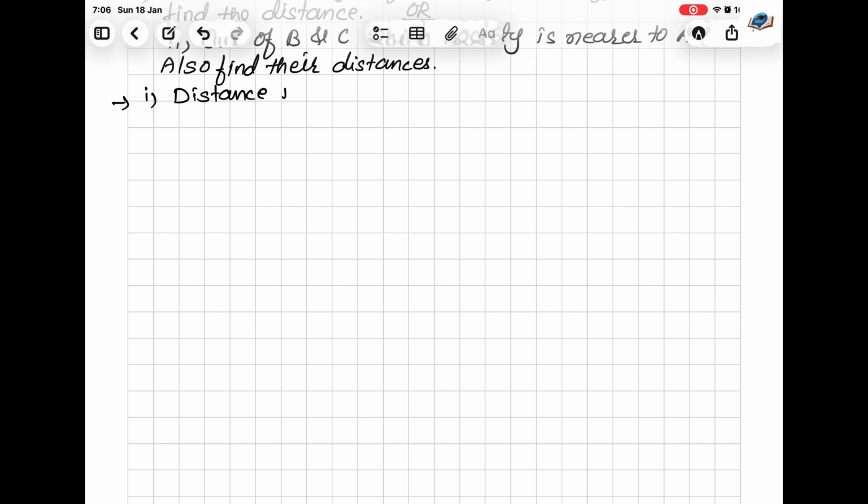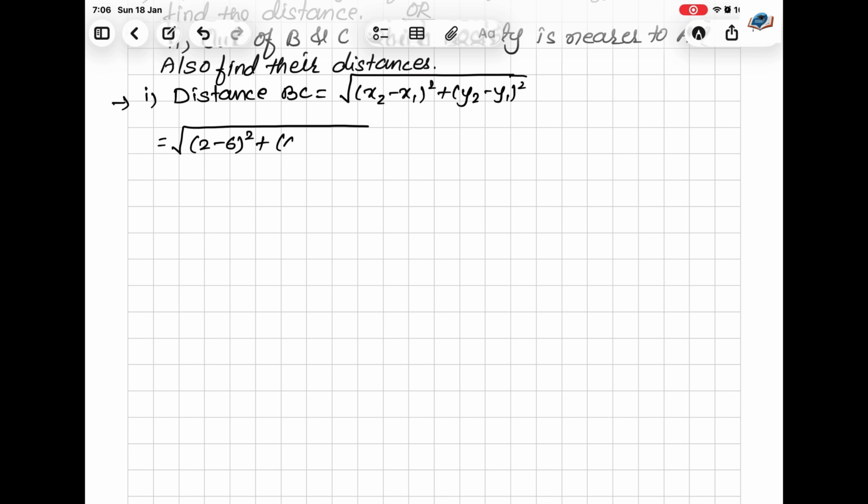So distance BC will be the distance formula, that is square root of (x2 minus x1) whole square plus (y2 minus y1) whole square. So that will be equal to (2 minus 6) whole square plus (6 minus 2) whole square.